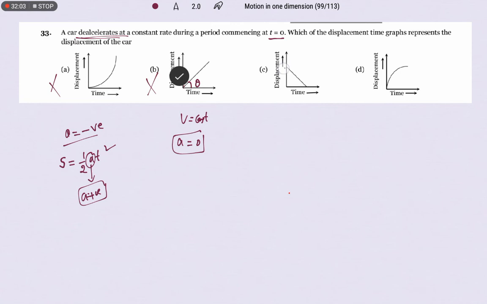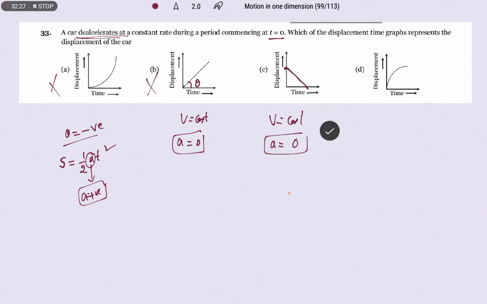And then the displacement-time graph for uniformly retarding motion, this one. Again here v is constant, so a equals 0. That means the body is coming to rest with 0 acceleration. Then what will be the final one?